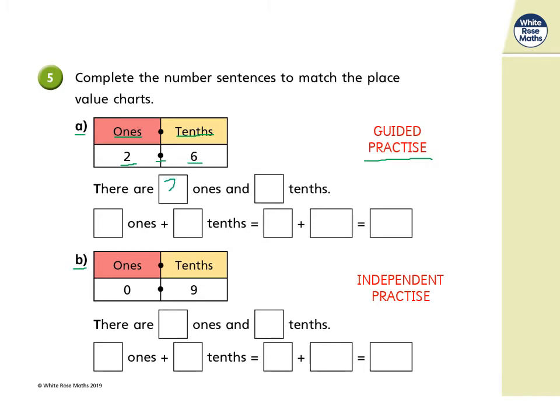There are 2 ones and 6/10. So I then know that 2 ones add 6/10 equals 2 add 0.6 equals the decimal 2.6.